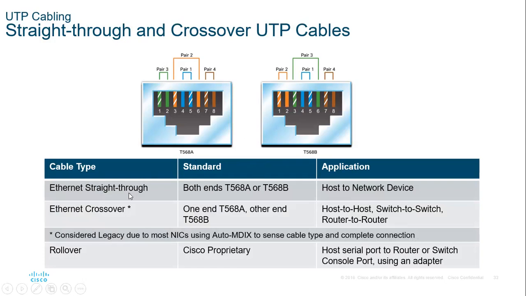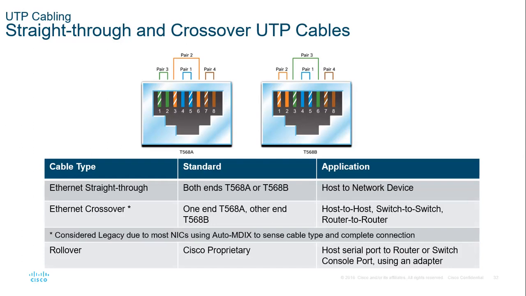Ethernet straight-through: both ends T568A or T568B, as shown in the above figures, used for host to network devices. Ethernet crossover: one end T568A and the other end T568B, used for host to host, switch to switch, router to router.